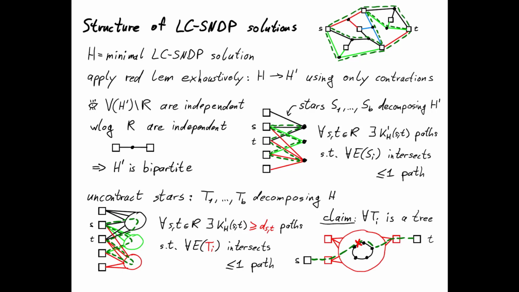But I know that only one path passes through this graph T_i, so I can safely reroute it through the other part of the cycle. So that means I would be able to delete this edge along the cycle, but again, this contradicts the minimality of the graph H. I should not be able to remove any edge without decreasing connectivity somewhere.